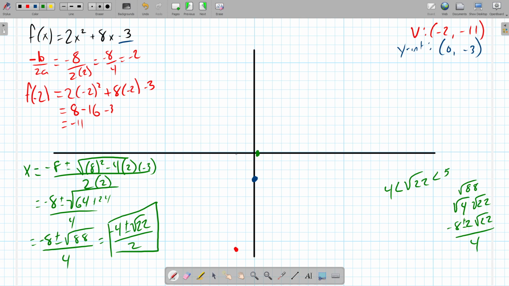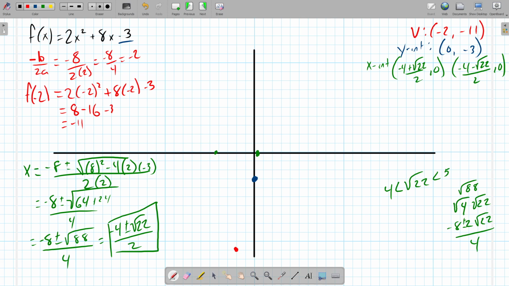So 1, 2, 3, 4, and a little bit. Okay, so how are we going to write these? The x-intercepts are going to be (negative 4 plus square root of 22 over 2, 0) and (negative 4 minus the square root of 22 over 2, 0).